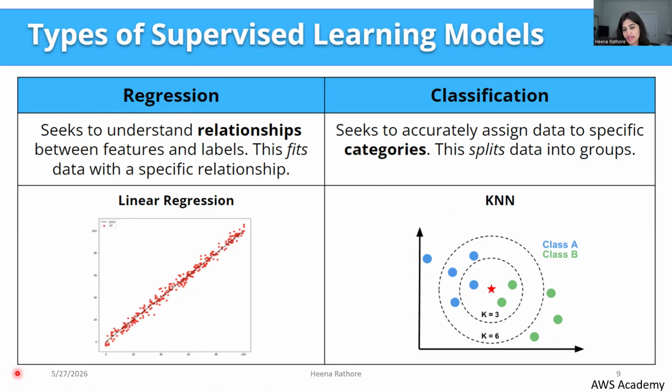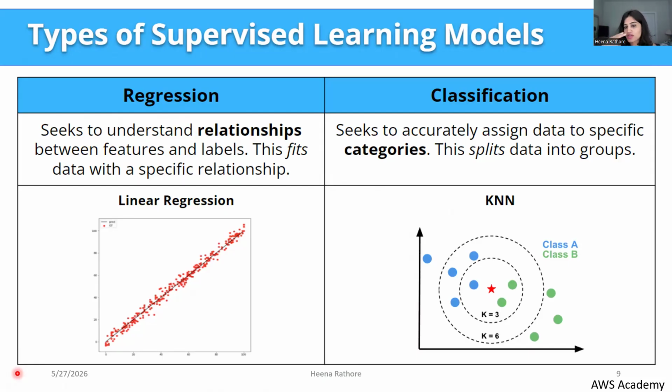Classification, on the other hand, is when the output is a discrete category, where you just classify the data into 2, 3, 4, 5, 6 categories. Let me give you an example. If I ask you whether predicting if it will rain tomorrow is a regression or a classification problem, the output would be just yes or no. So it's a classification.